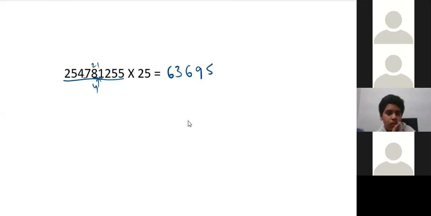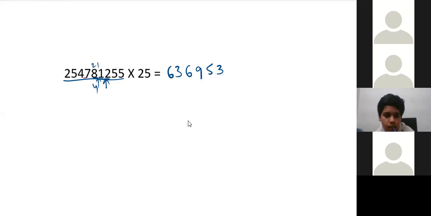Then 15, so 12. We should divide this 12 by 4. 3 times 4 is 12.